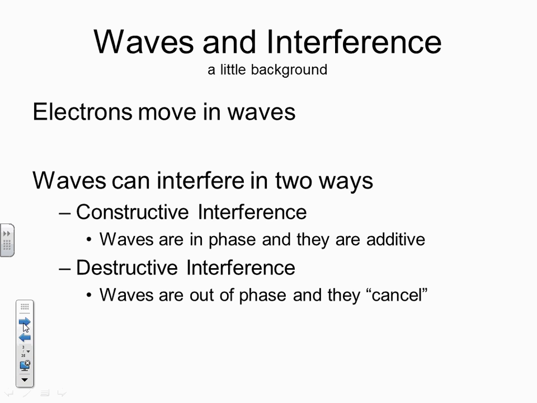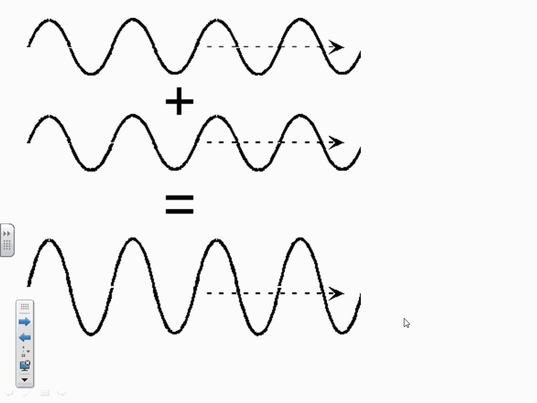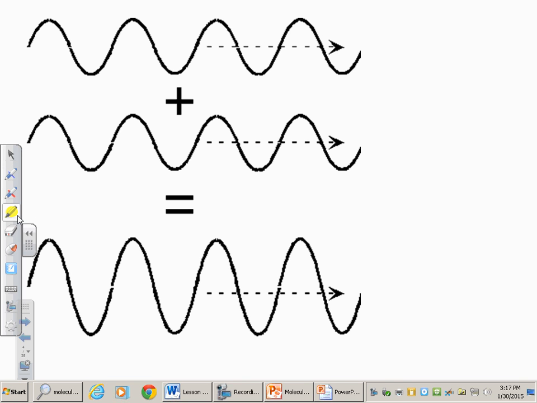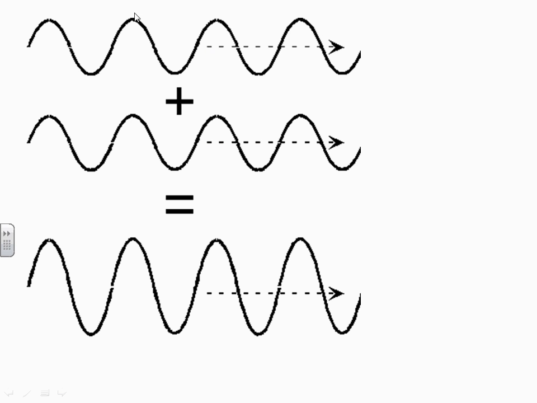I've got a picture here to show you. The first two waves on this slide are waves that are in phase, and they will add together and equal a much larger amplitude wave. So what they're showing are these two waves that are in phase, their crests are in phase like that.